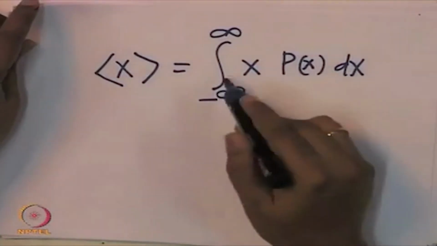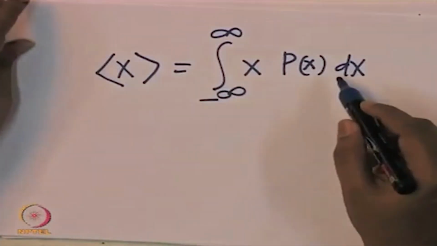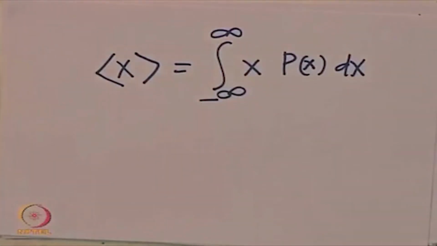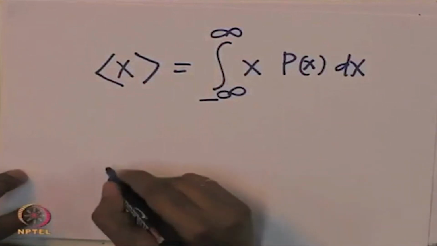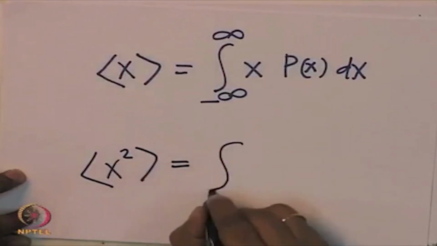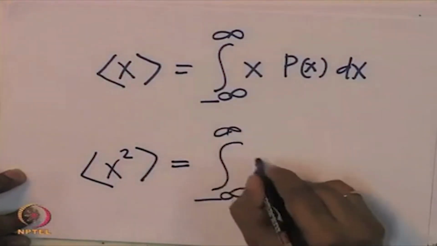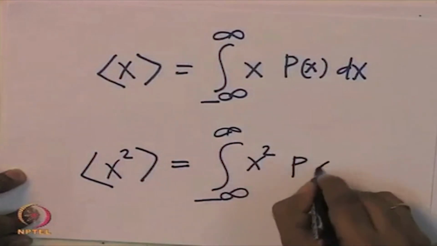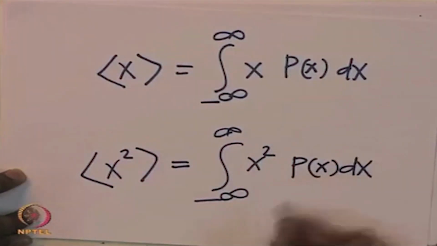If p of x is a normalized function, this is the definition of x average. And the definition of x square average is the integral from minus infinity to infinity of x square p of x dx.